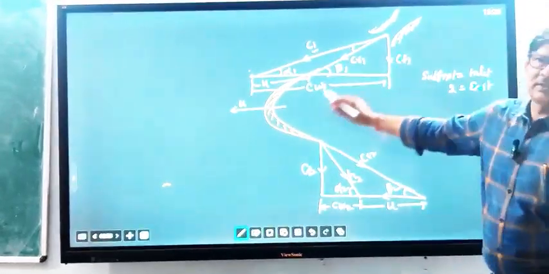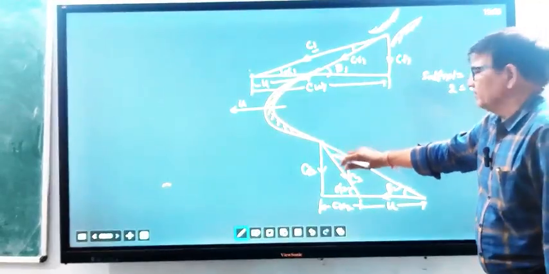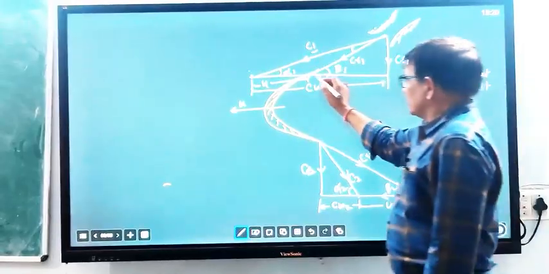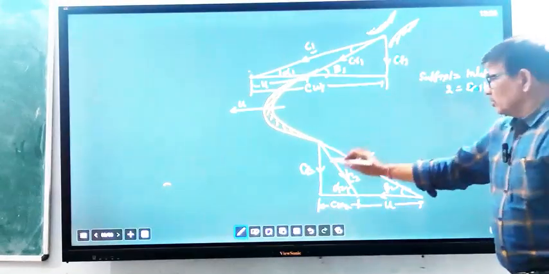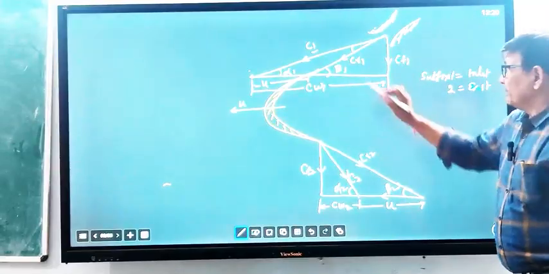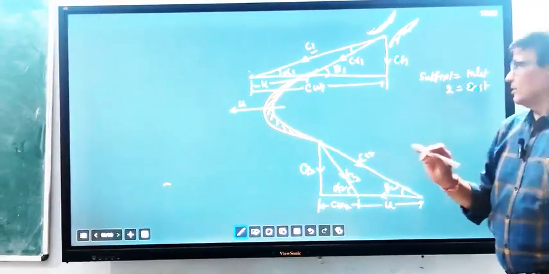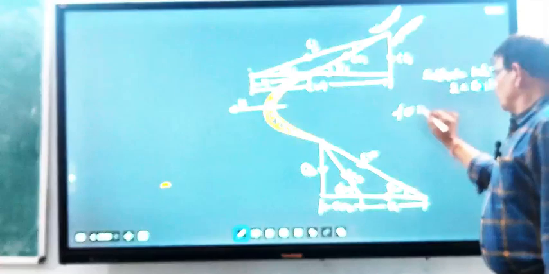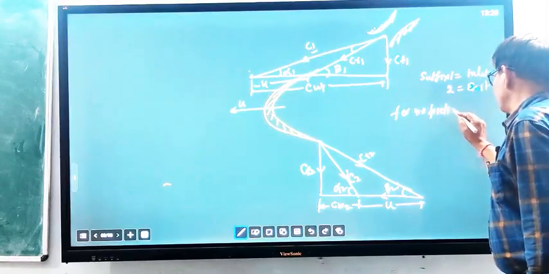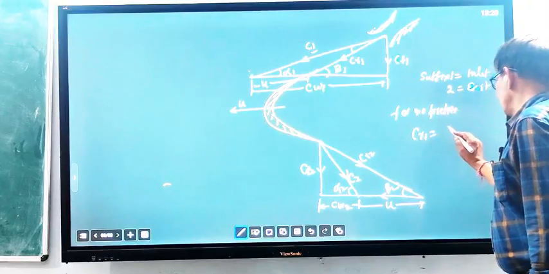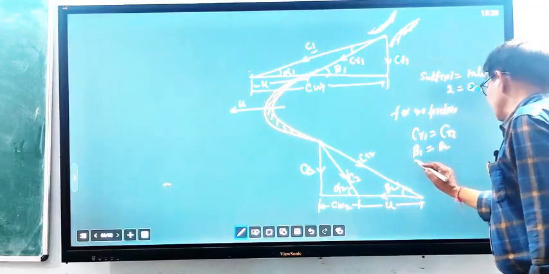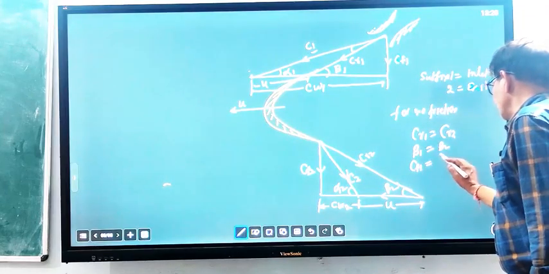Although it is not visibly similar here because of the drawing, actually if there is no friction over this surface, then CF1 equals CF2, CR1 equals CR2, and beta 1 equals beta 2. So for no friction you will find these things: CR1 equal to CR2, beta 1 equal to beta 2, and CF1 equal to CF2.